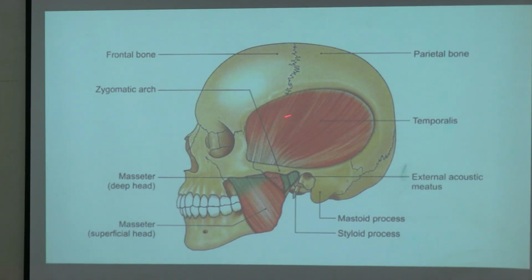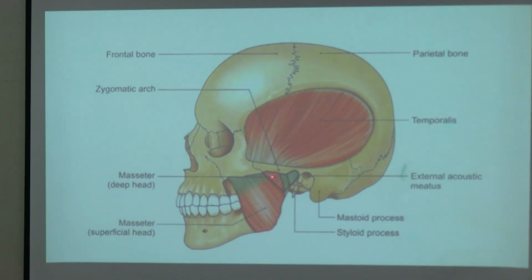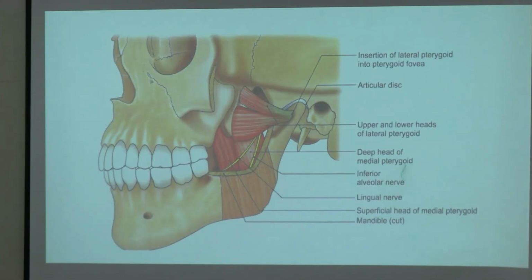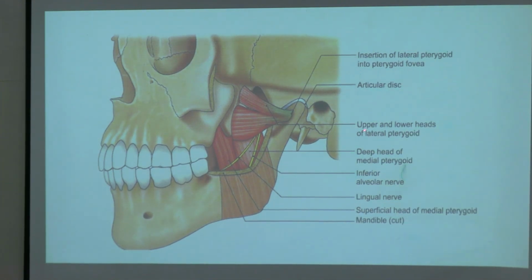You can see here, this is your temporalis muscle and this is your masseter muscle, deep head, and this is the masseter muscle, superficial head. And this is your lateral pterygoid muscle. We have two heads here also. This is the upper head and this is the lower head. And this is your which muscle? Medial pterygoid muscle. It has a deep head and also a superficial head.